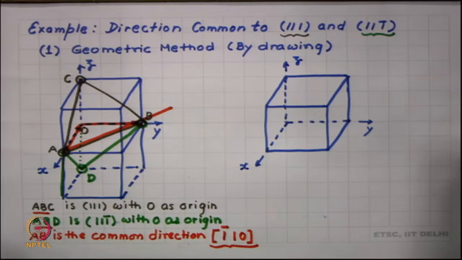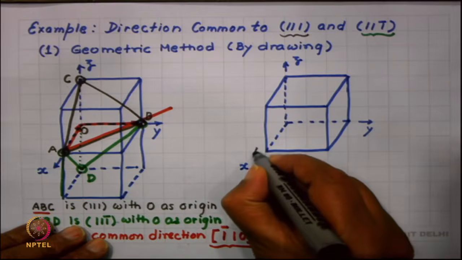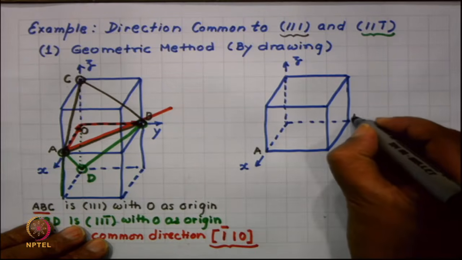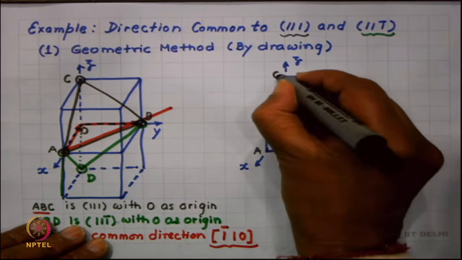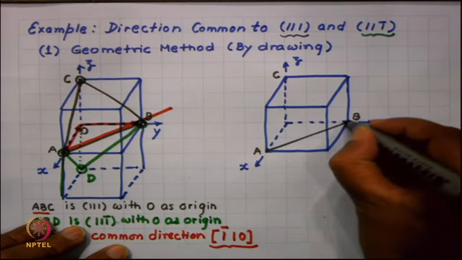So, let me try to draw these two planes in the same unit cell. So, the first plane is as usual as in the previous drawing, it will intersect the unit cell axes at A, B and C, and I draw these lines.